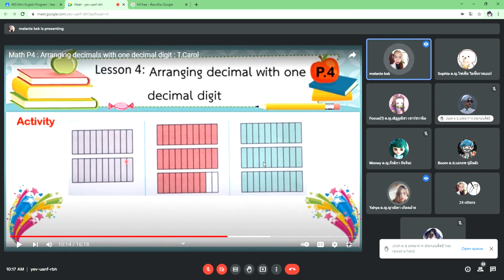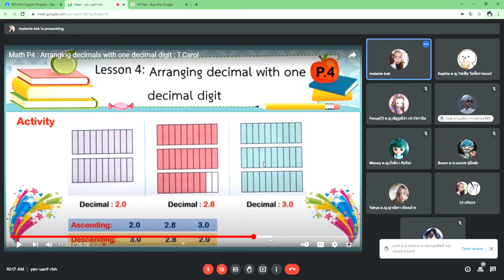And then the last one, children? 2. Okay, so here we go. So 2.0, or you just say 2, and then 2.8, 3.0. Descending: 3.0, 2.8, 2.0.